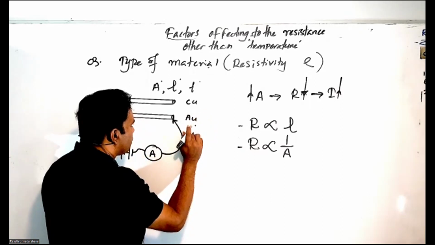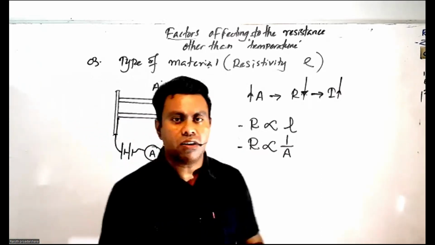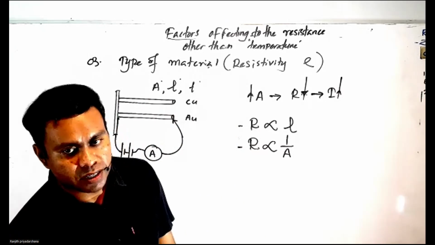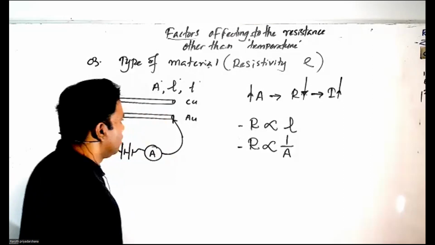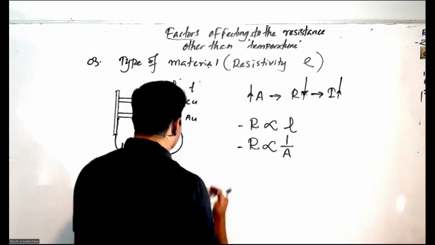Gold's resistance is lower, but copper's resistance is somewhat higher than gold. That means resistivity depends on the material. So we call that resistivity.